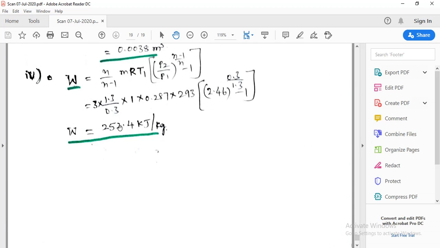This is equal to a work done per kg of 252.4 kilojoules per kg.